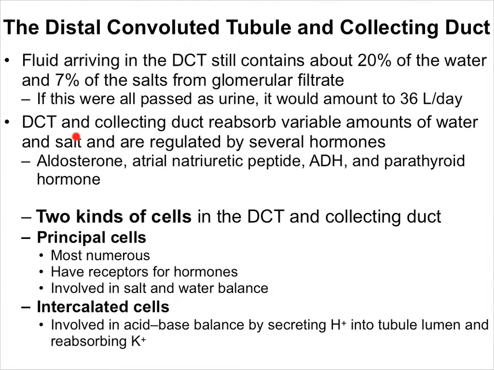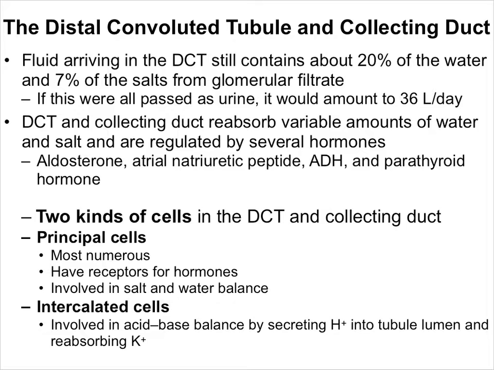Both the DCT and collecting duct reabsorb water. And the amount of water that they reabsorb varies depending upon what hormones are present. Aldosterone and ADH are going to promote salt and water reabsorption.